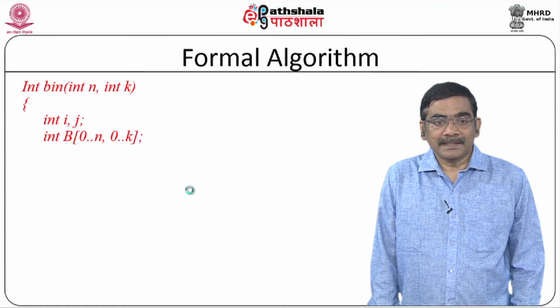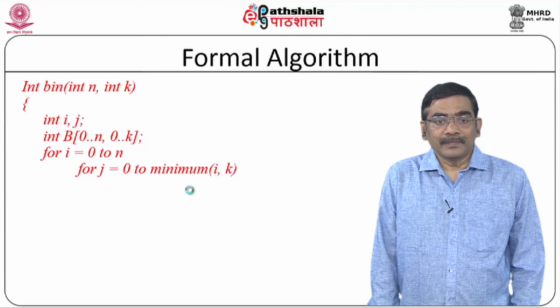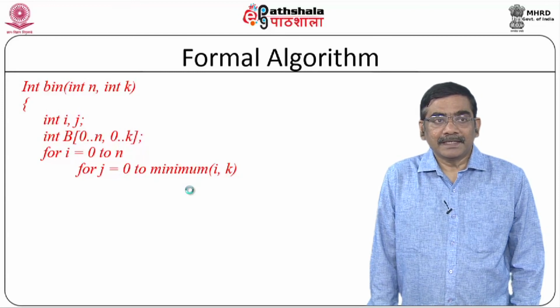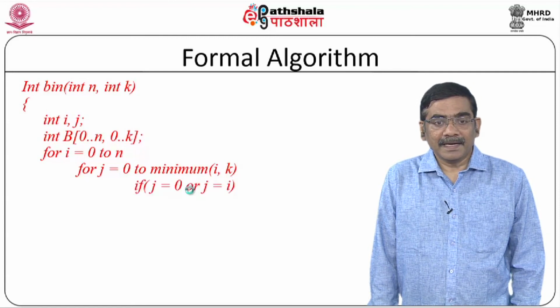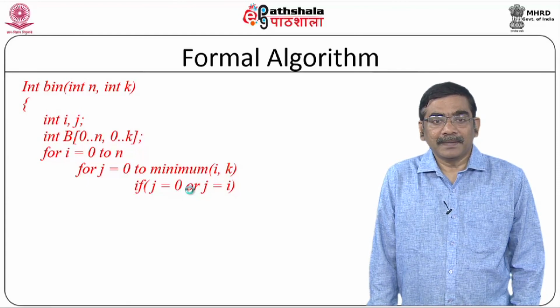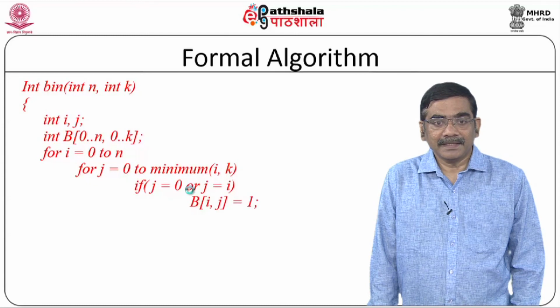This is the formal algorithm. You can see that I am forming a table. Sometimes I do not have to generate the entire table. In that case I can go for minimum of i comma k. This is the straightforward implementation of the recurrence equation.